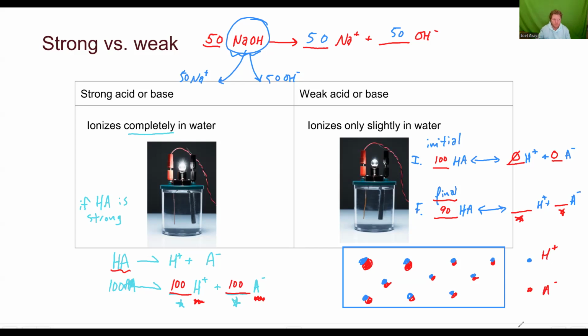So I started out with 10 of these, and 9 of them are still together. The remaining ones, well, the remaining 10, if we look up here, those remaining 10 split up. So that means I've got 10 H plus and 10 A minus.